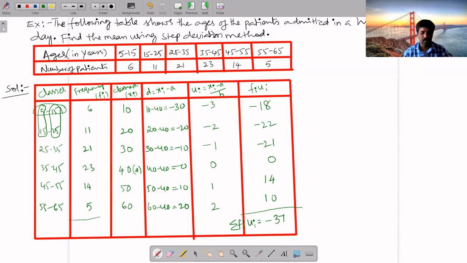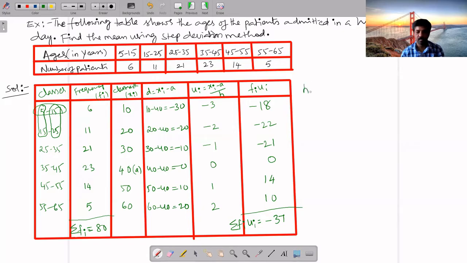Now the sum of frequencies is called sigma fi. Already we did this in the previous two methods: 80 is the sum of the frequencies. Now we will write the formula and work according to it. First we mention the terms involved in the formula and write their values.